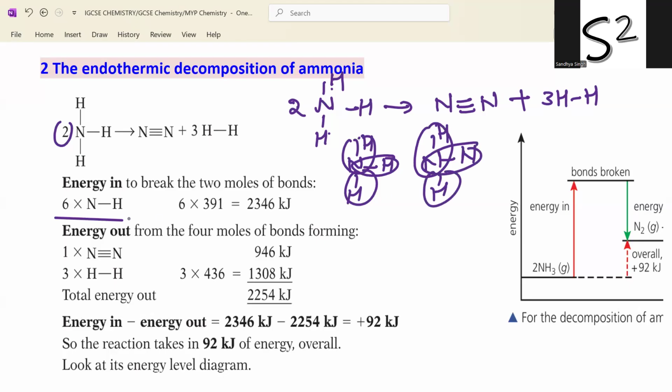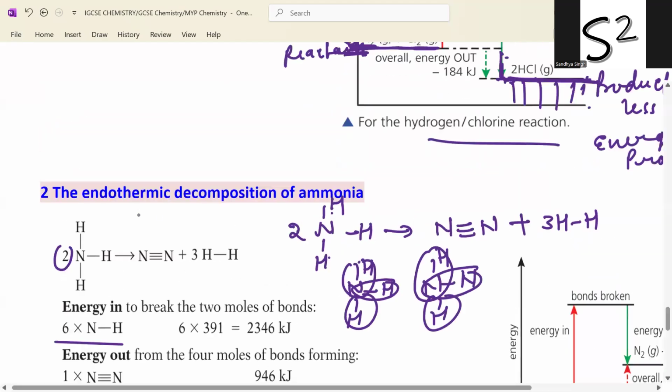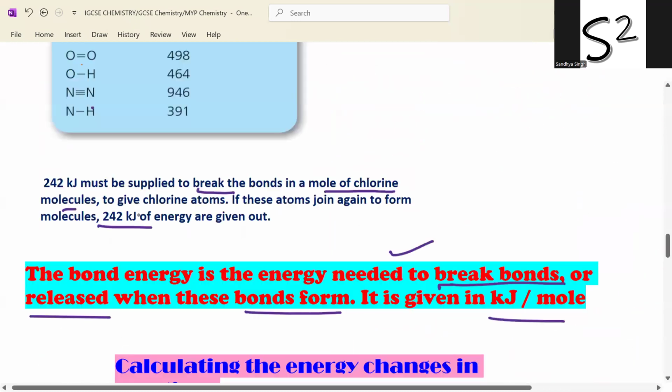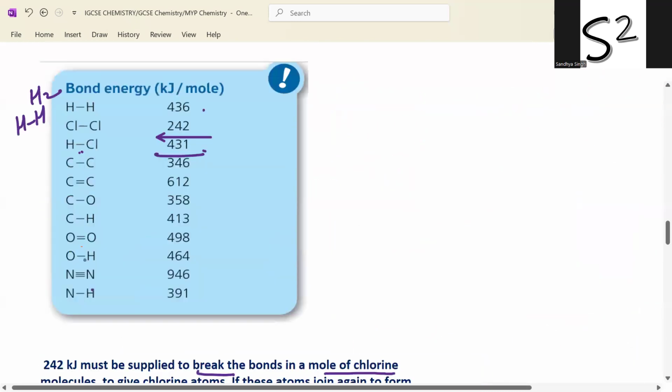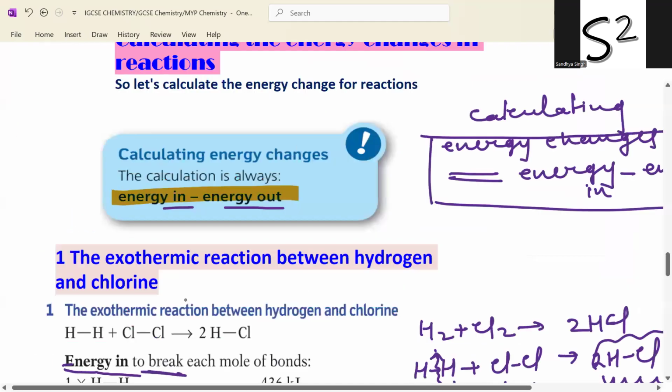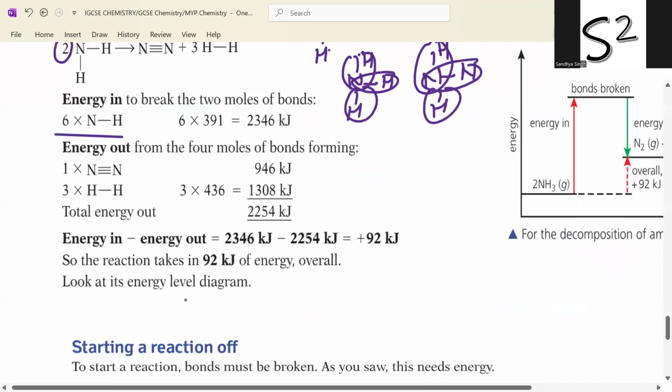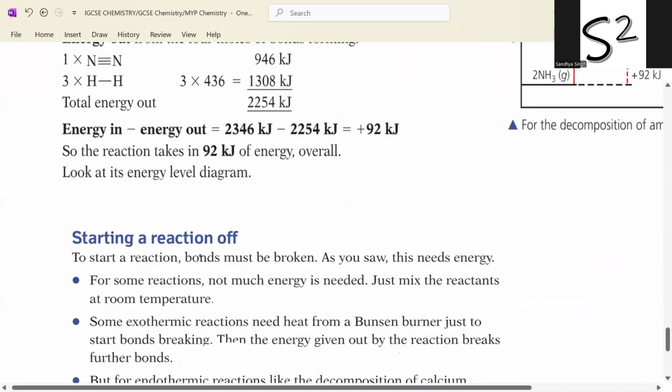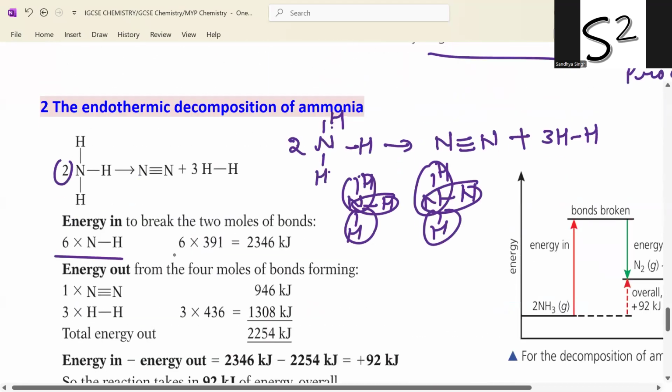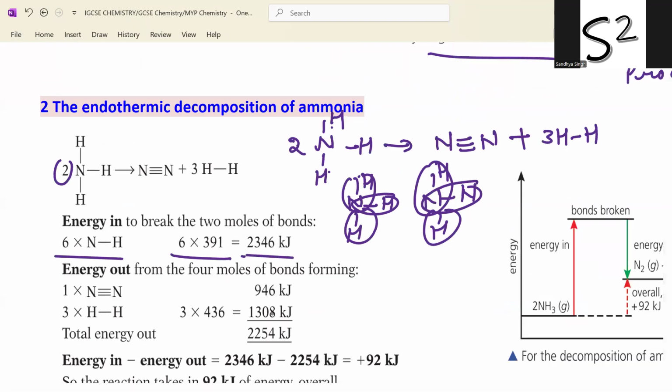So 6 into N-H, and after putting the value of the bond energy between nitrogen and hydrogen, see it is written here, 391 kilojoule. The answer would be 2346 kilojoule.